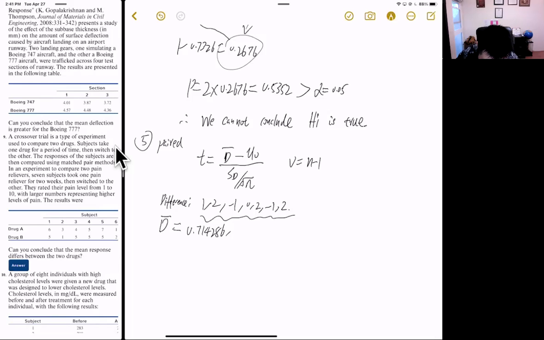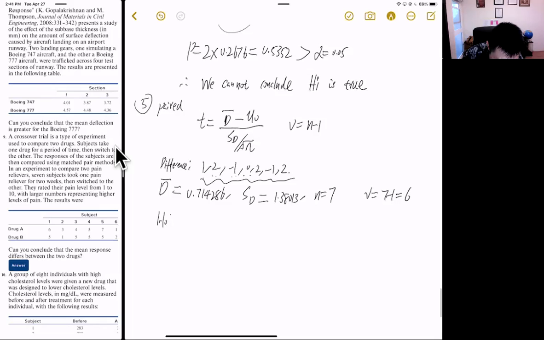We can also easily calculate the standard deviation for the difference, depending on the individual values, the sample size, and the mean value. That turned out to be this much. The sample size is 7. The degree of freedom is 7 minus 1, which is 6. Then let's set up H0 and H1.